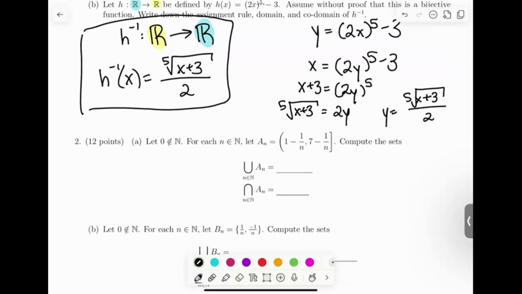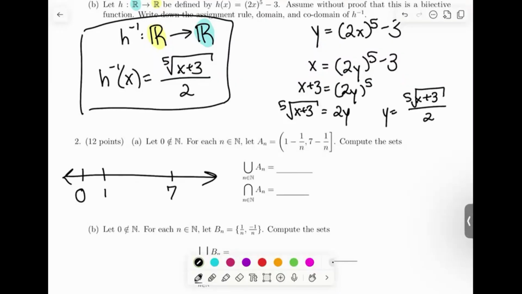Now we have these indexed unions and intersections. You know that I like to draw out the first couple of them. Who are our main characters? Well, certainly 1 and 7. And when n is 1, it's 1 minus 1, so that would be 0. That's another main character.